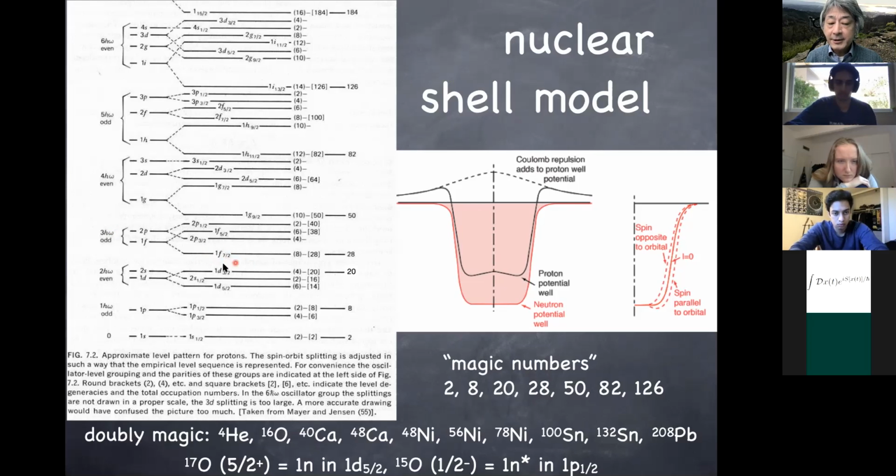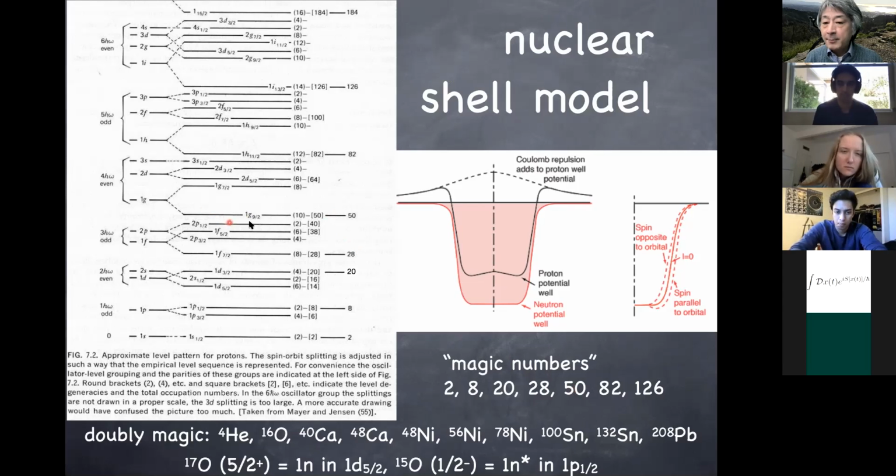So these 8 states within f7/2 will come down with a pretty big gap here. So that gives you a new magic number of 28. And after this gap, you occupy the rest of the third excited states. But the next level at the 4h bar omega, g orbital would come down also so much that this actually gets bunched together with the rest of 3h bar omega states. And that gives you the next magic number of 50, and so on and so forth.